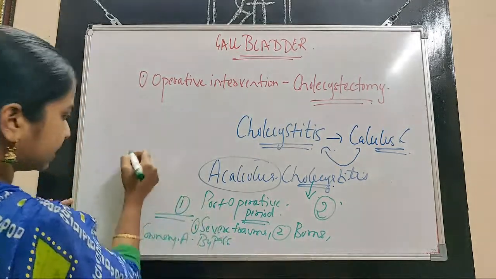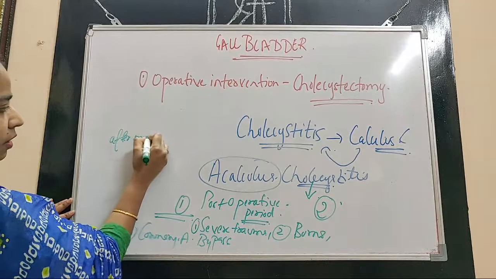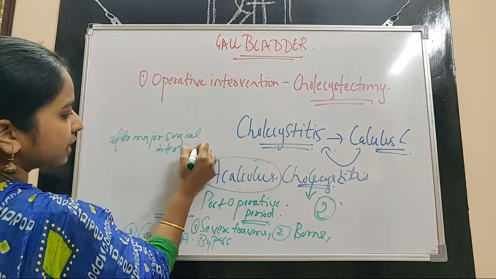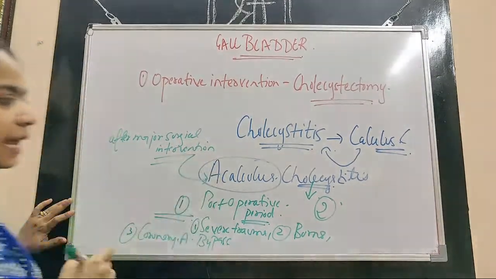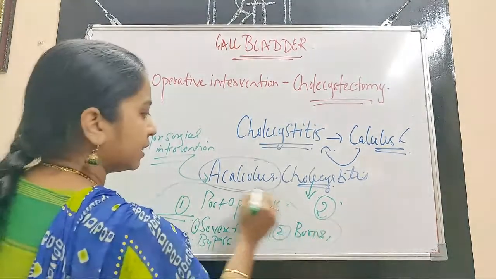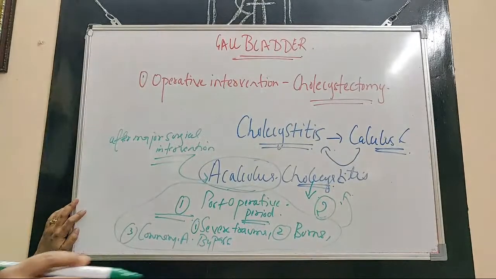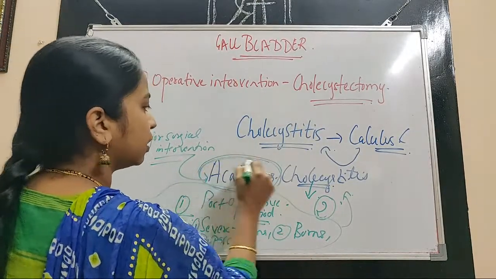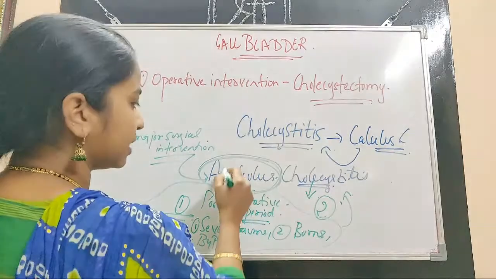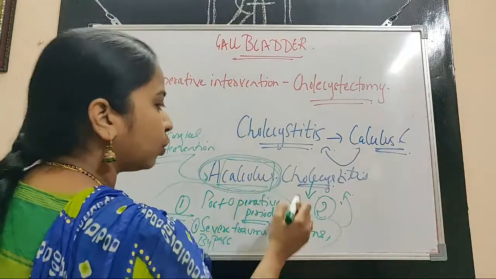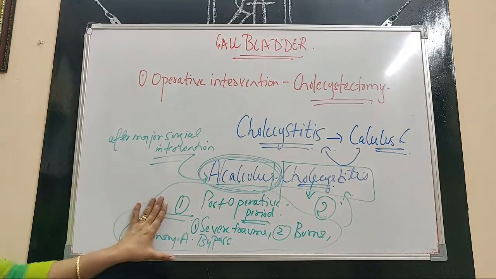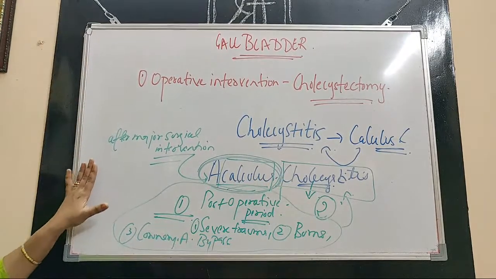So after major surgical interventions, there is a chance of acalculous cholecystitis. Usually in this phase the diagnosis is missed, because a USG might show a clear biliary tree without any calculus. Cholecystitis in the absence of calculi is very rare, so these patients go undiagnosed or the diagnosis is missed.